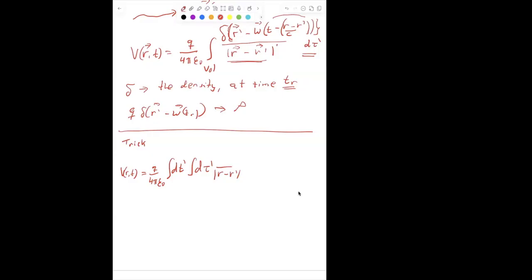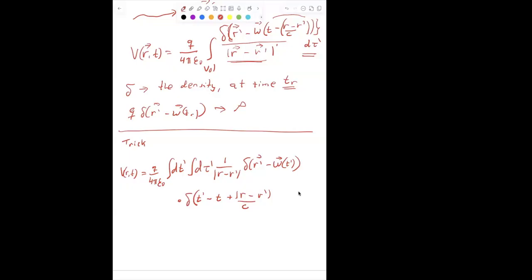This is exactly what we had before. Now I'm going to do the following. I'm going to write delta of r prime minus w(t prime), and I'm going to multiply this by a delta function of t prime minus t plus |r minus r prime| over c.